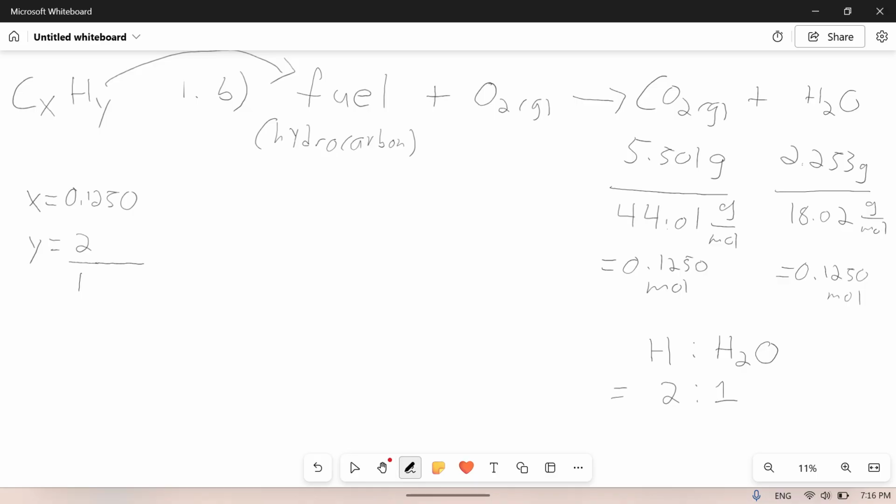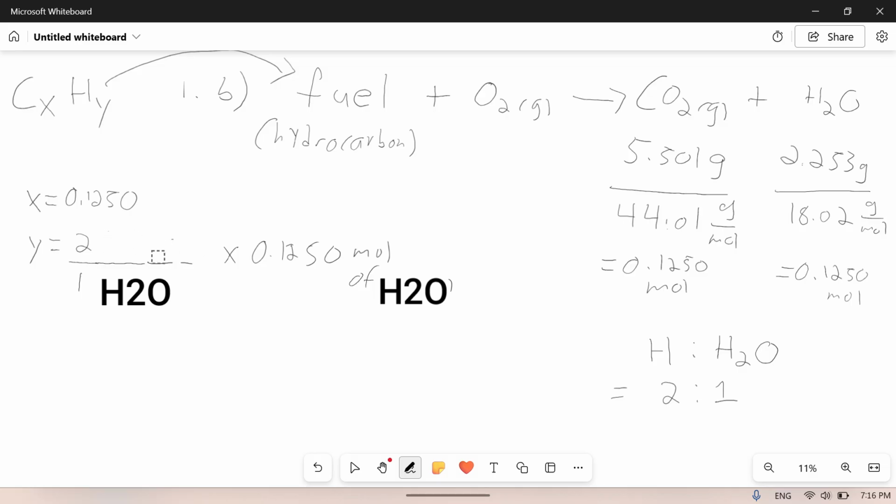And I can actually write that here to make it clear. Two hydrogens per 1 H2O multiplied by 0.1250 mole of H2O. Okay, so maybe I shouldn't write hydrogen specifically.